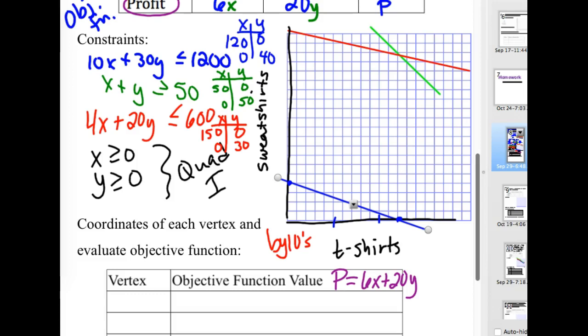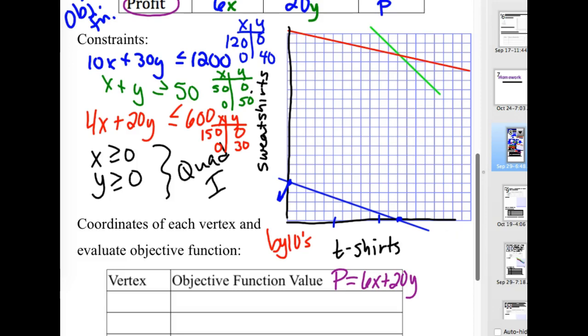Would we be shading above or below that line? Remember, the quick way is to just test the origin. If you put 0, 0 in, does it work? Are we under 1200? Yeah. So we're shading below.